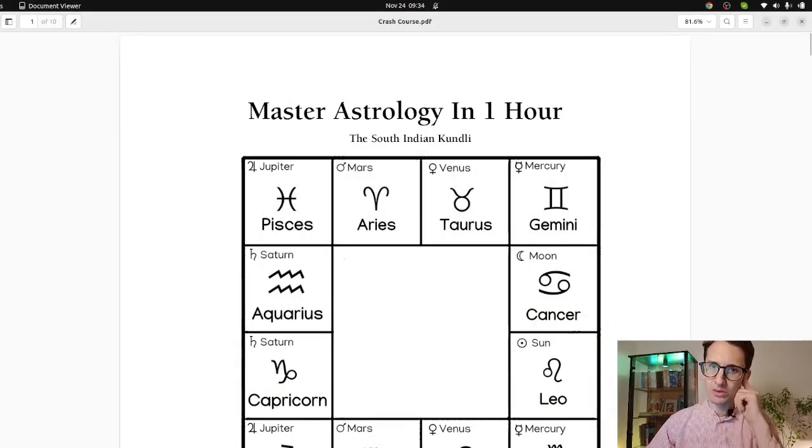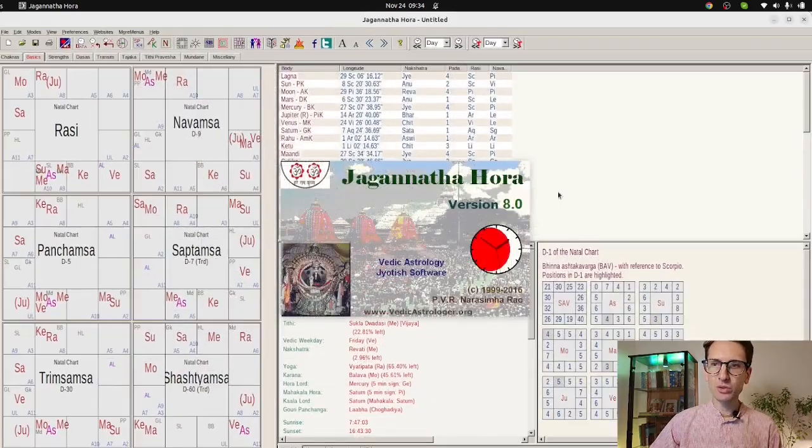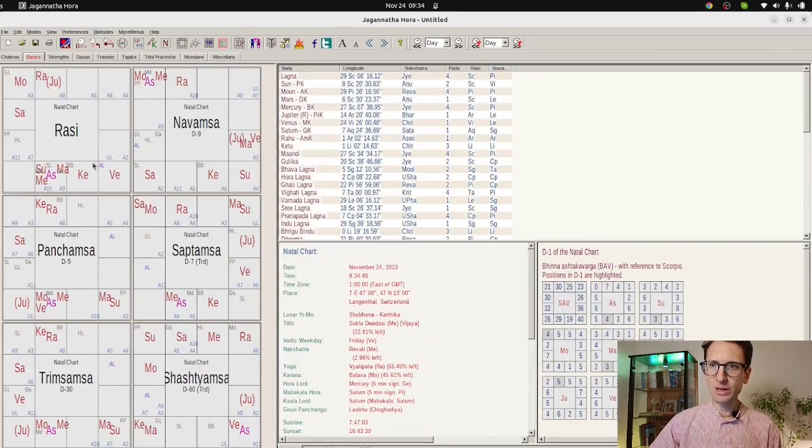This is the software that I introduced in the last video. It is called Jagannath Hora, and we also shortly covered how to read these diagrams. So the first thing to master is understanding these diagrams, right?